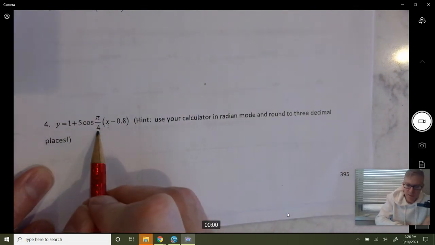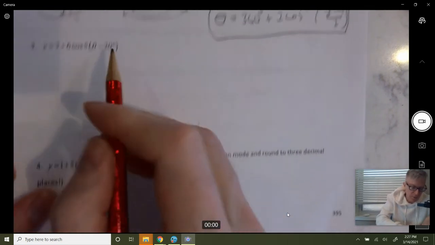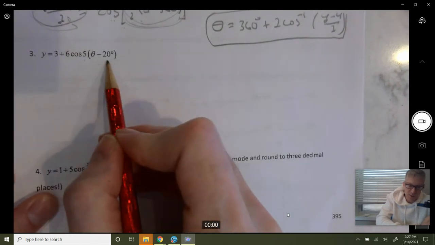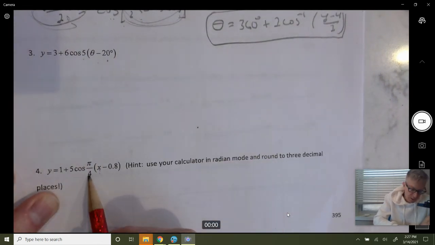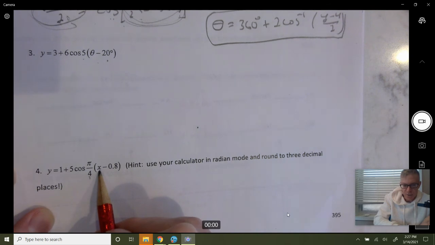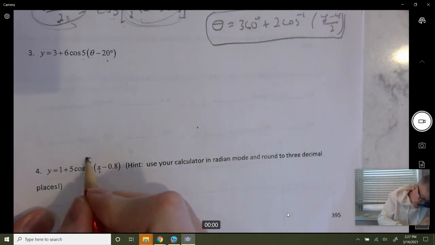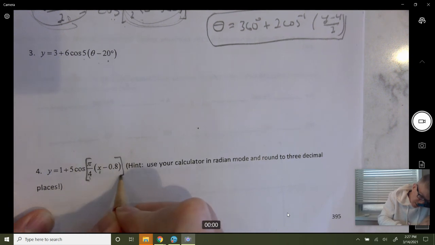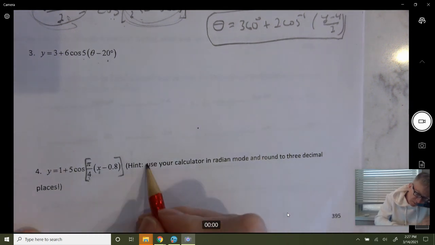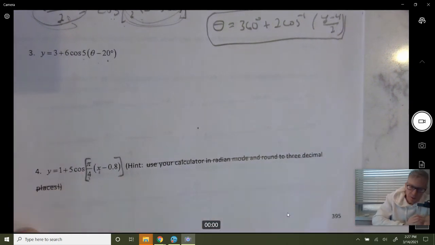This one's in radians. You can see that that's a pi over 4 rather than a 20 degrees. And you also see the x. The x usually means working in radians. Theta means degrees. Okay. You don't have to use your calculator because we're not doing the second part. We're just going to get the x by itself.